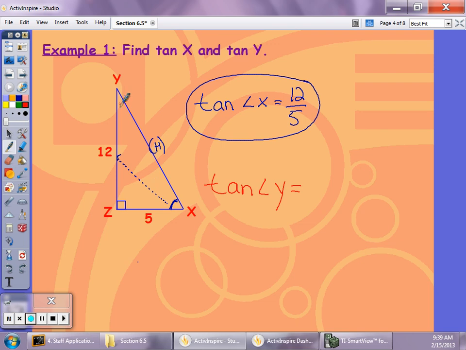However, if we look at angle y, which is here, the side that is now opposite angle y has a length of 5. Therefore, the side that has a length of 12 is now going to be our adjacent side. So the tangent of angle y is going to be the opposite over the adjacent side, or the value of 5 over 12.